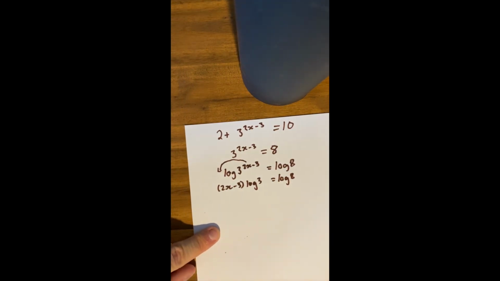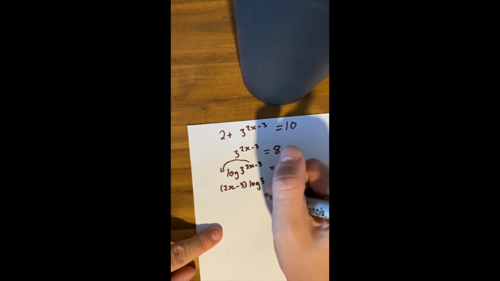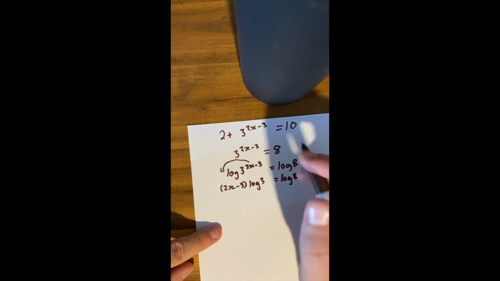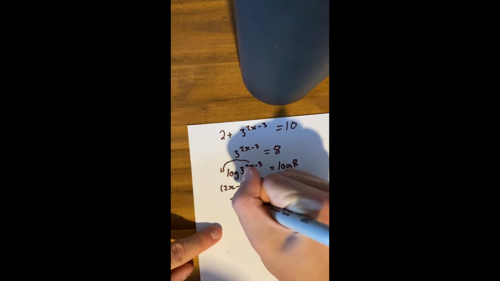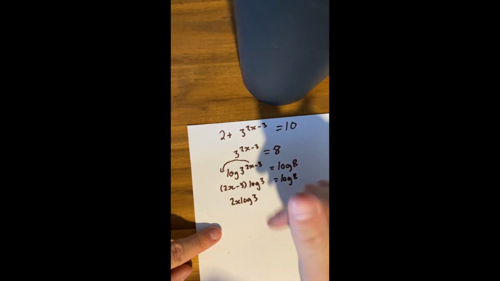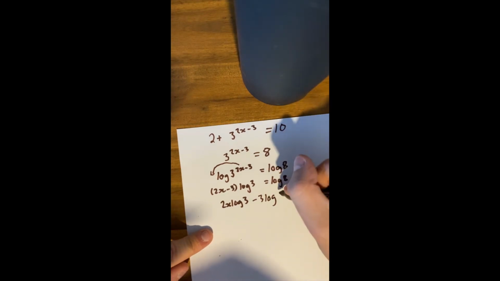So now we just expand it. So 2x times log 3 is simply 2x log 3. And now the minus 3 times log 3 is minus 3 log 3.